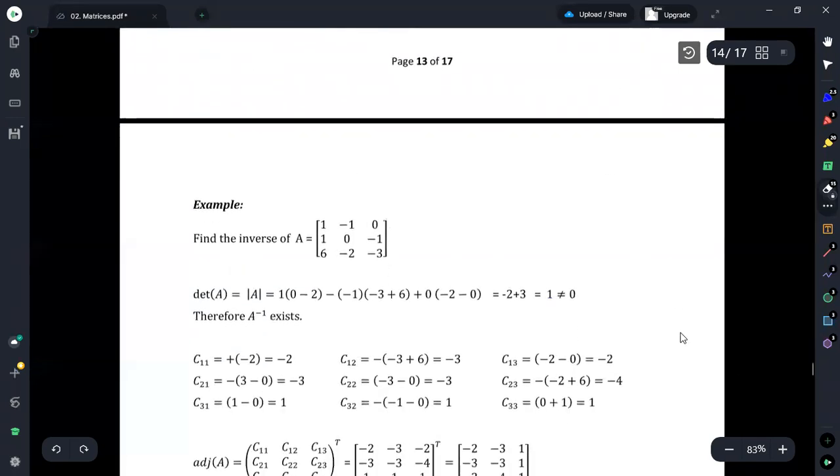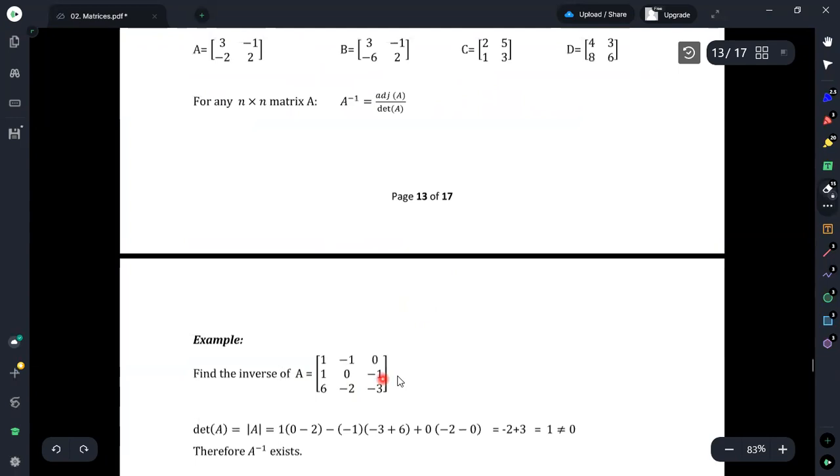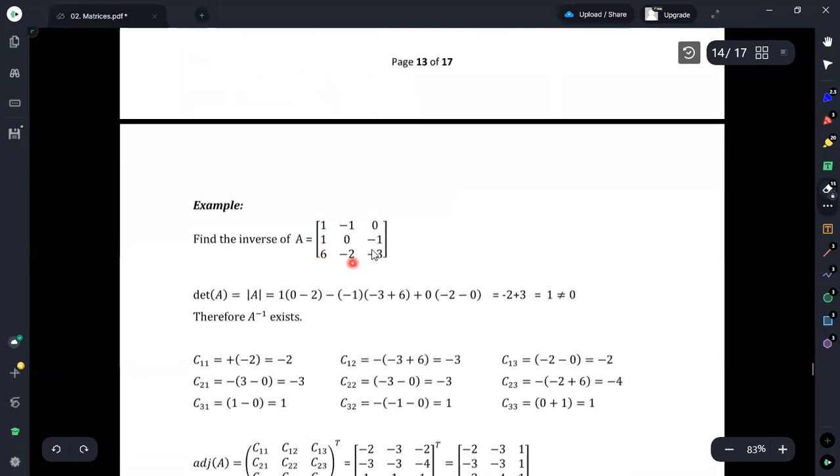Now, using this equation, I will directly tell you how we can apply it in the calculation. I will take this example and explain how we can use this for the calculation.